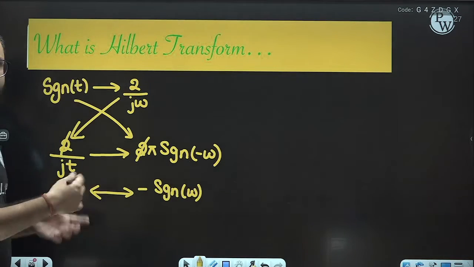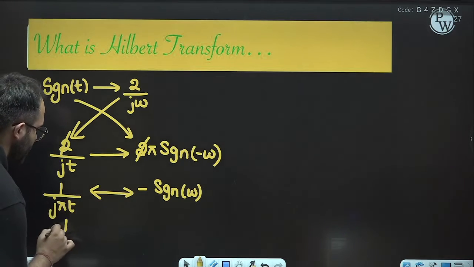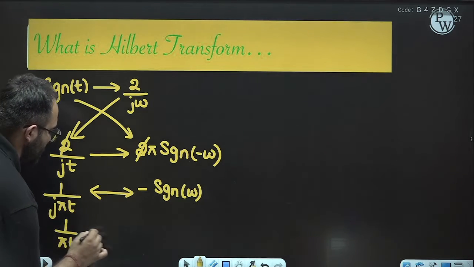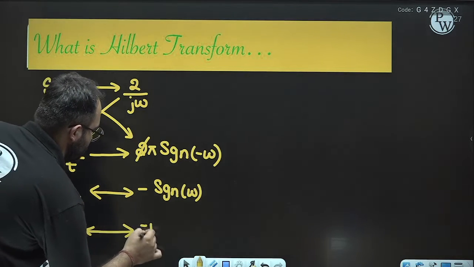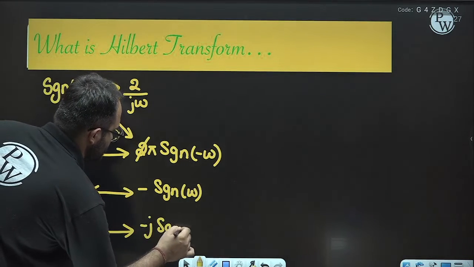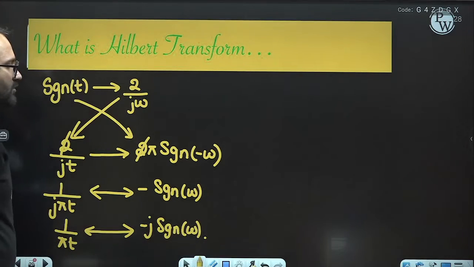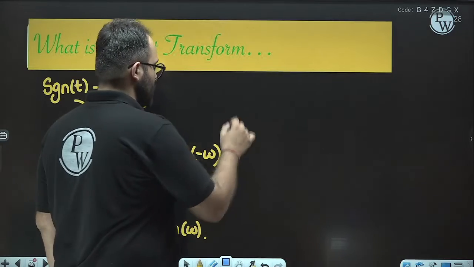If we multiply by j on both sides, we get 1 upon pi t will have Fourier transform minus j signum omega.